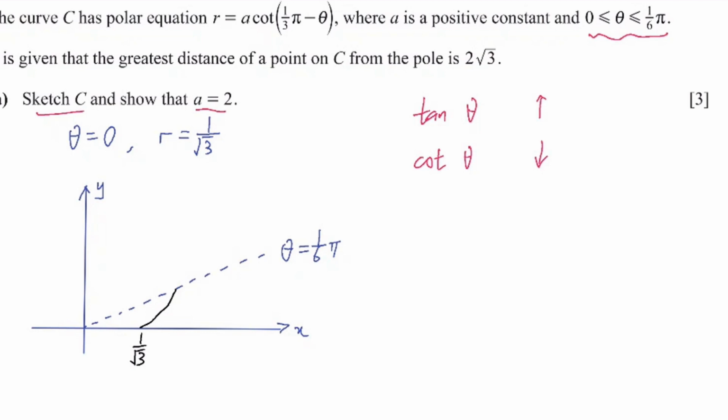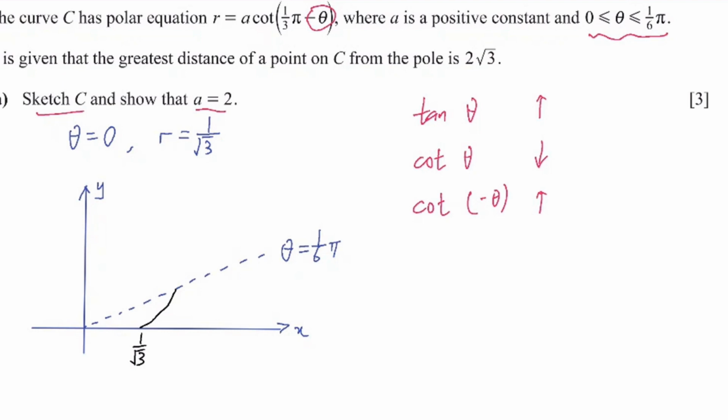Now because we have got here something related to the cot of a negative theta, it will be something which is strictly increasing for the R here. So for this, we know that the curve is strictly increasing.